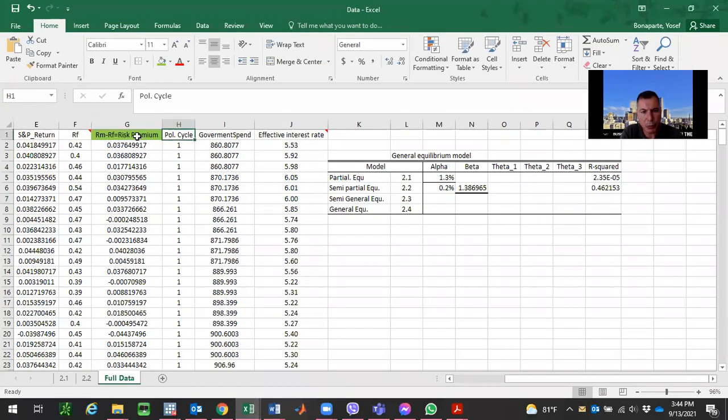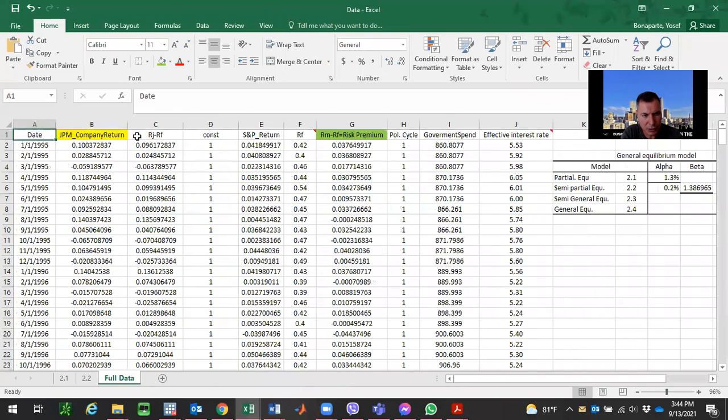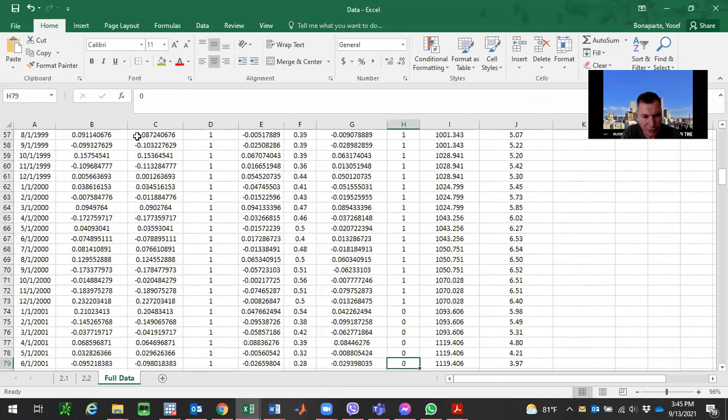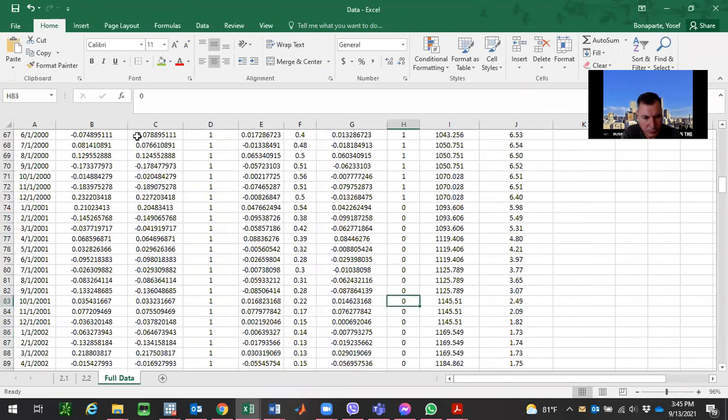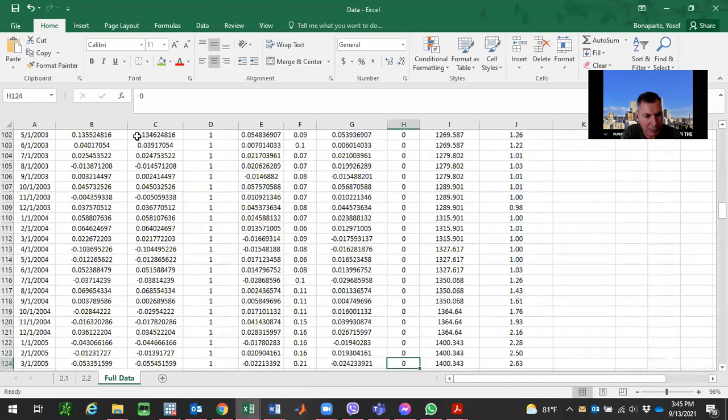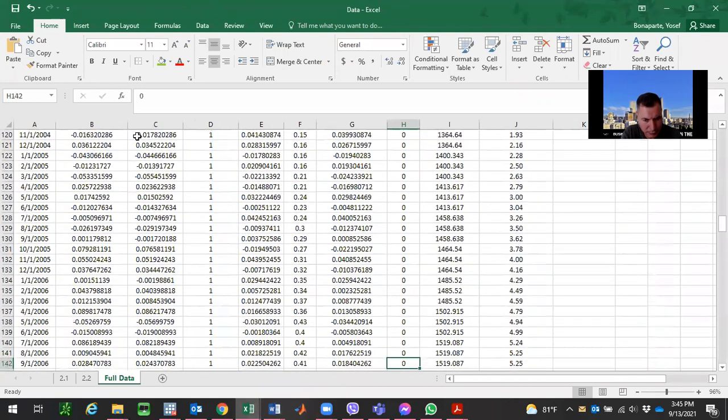So we have that. What's the political cycle? 1 if the president is Democrat, 0 otherwise. Recall in 1995 Clinton was the president, so it was 1, 1, 1, 1 till Bush in January 2001. Then we put zeros because Bush was in power till President Obama came in January 2009.